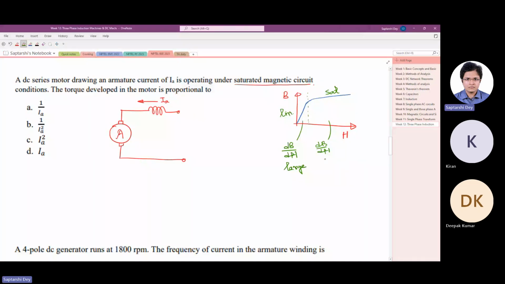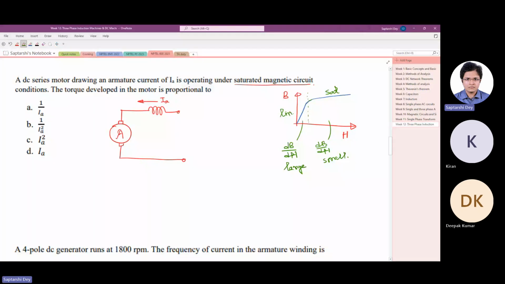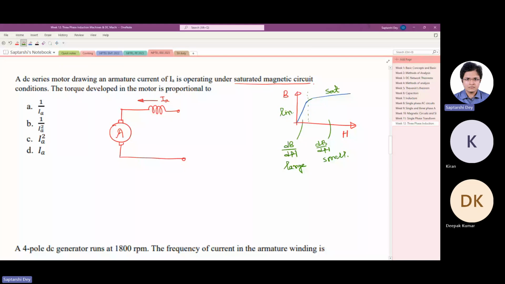Which means that a certain change in H in the linear region would give rise to a large change in B, whereas the same amount of change in H in the saturation region would cause a very small change in B. In other words, if the motor has reached saturation, then B, the magnetic flux density in the magnetic circuit of the motor, can be considered practically constant.